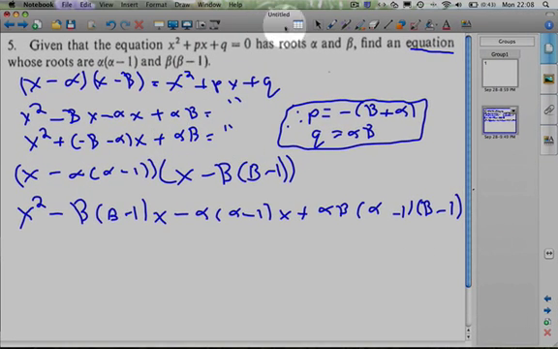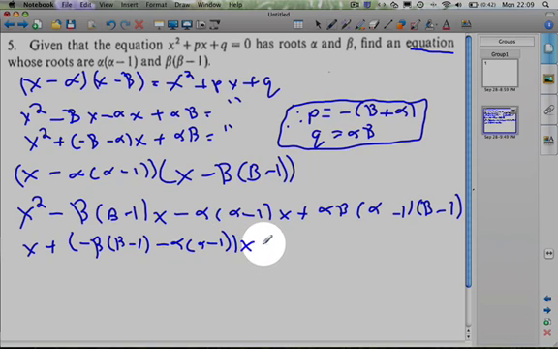So, from here, we want to start looking for things where we can use this information. Okay? So, let's take it and rewrite minus beta, beta minus 1, and minus alpha, alpha minus 1 by collecting our like terms. And here you can see plus alpha beta is a q. Okay, and expanding these brackets, you get alpha beta minus alpha minus beta plus 1.